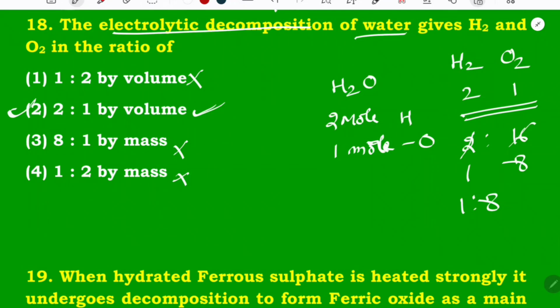By mass, hydrogen and oxygen is 1:8. Sometimes they get confused, so read the question properly. Here hydrogen is given first and oxygen second, so read their ratio accordingly. Then next.